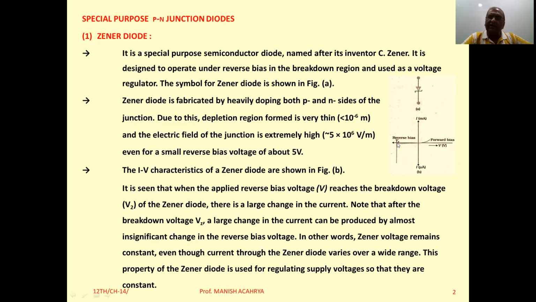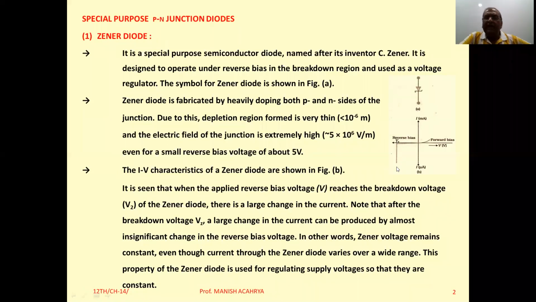Exactly at the breakdown voltage, the change takes place. In a normal PN junction diode, after breakdown voltage, a small change in the voltage gives rise to the current. But here, exactly at the same voltage, you get a rapid increase in the current. Means voltage remains constant, but current will be increased.